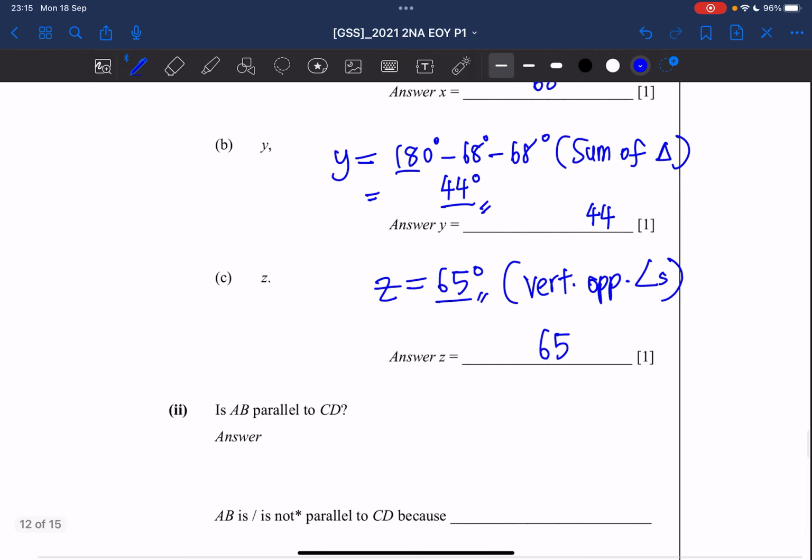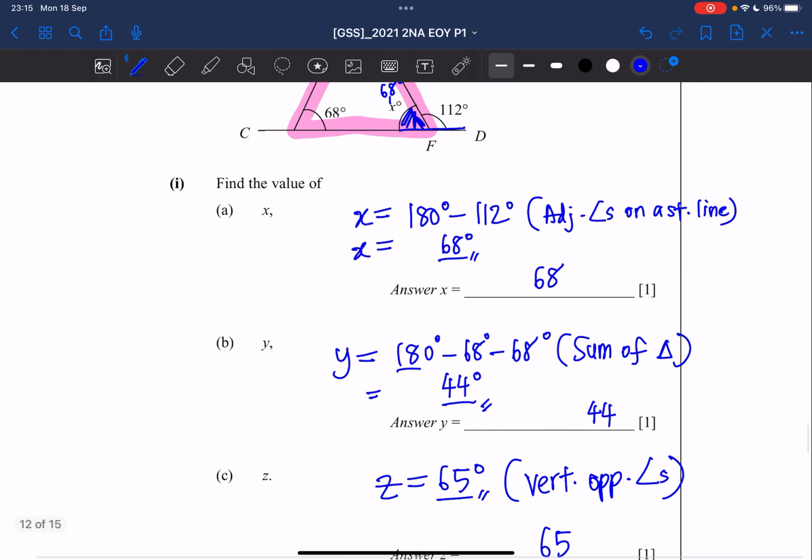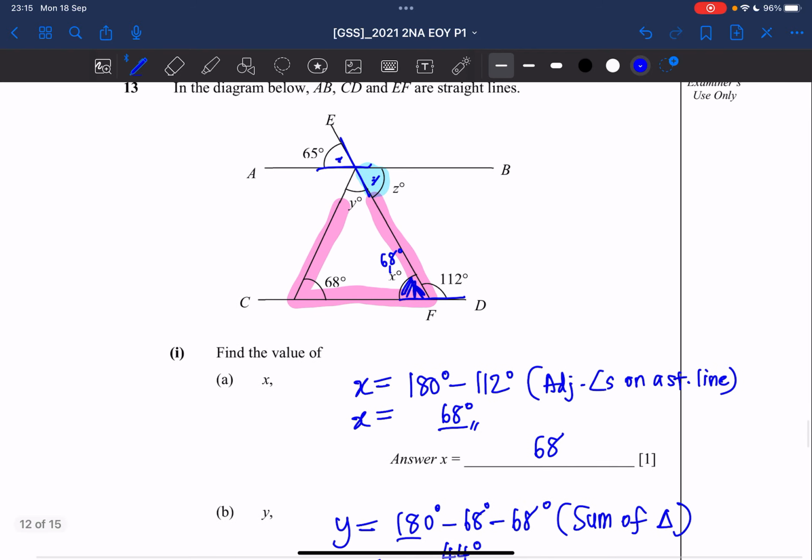Then they ask you whether AB is parallel to CD. Now let's check.